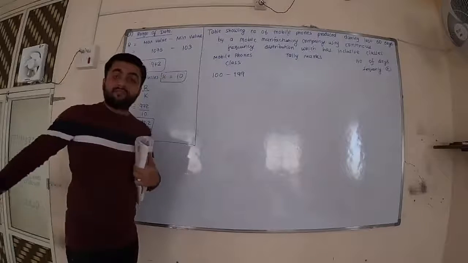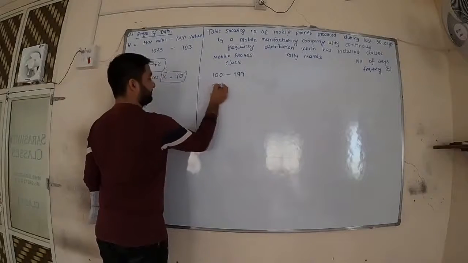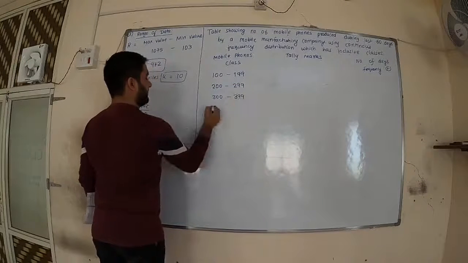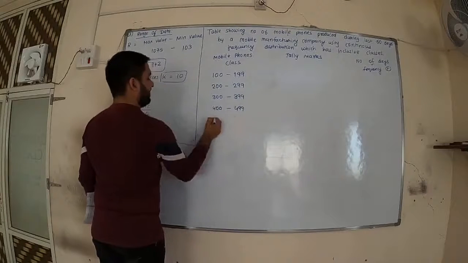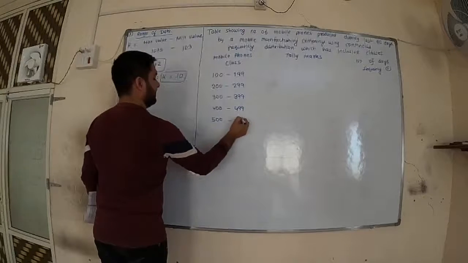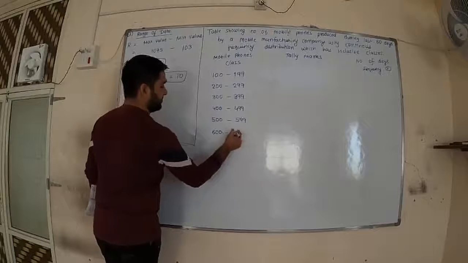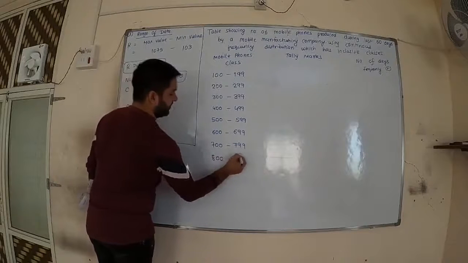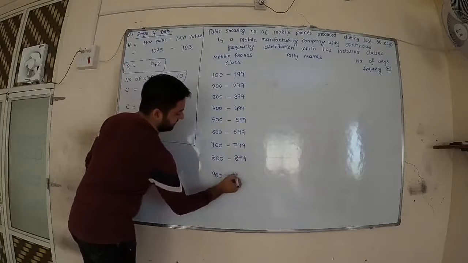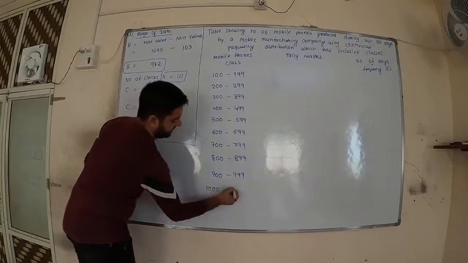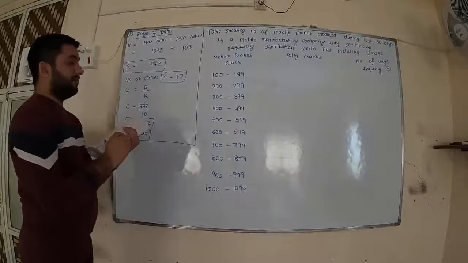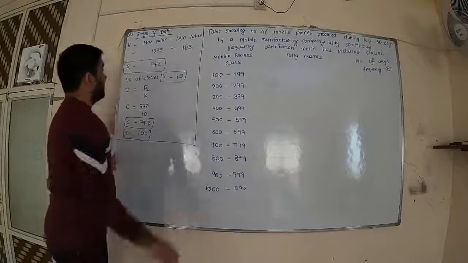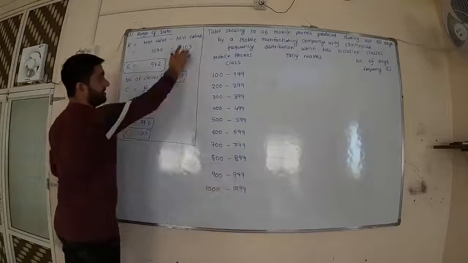Because the range is very big, so inclusive classes. 200 to 299, 300 to 399, 400 to 499, 500 to 599, 600 to 699, 700 to 799, 800 to 899, 900 to 999, and last 1000 to 1099. Now count the classes: 1, 2, 3, 4, 5, 6, 7, 8, 9 and 10, and it covers the maximum value 1075 and the minimum value.